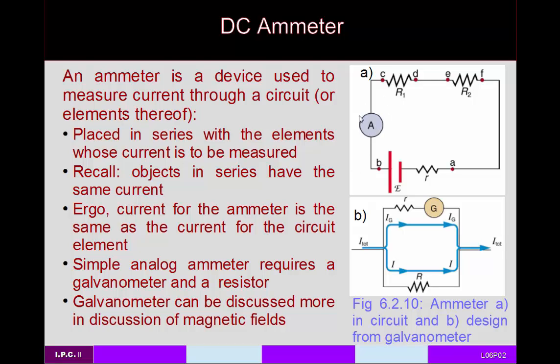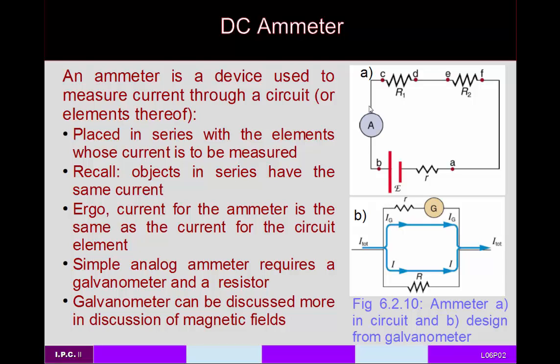So the ammeter is going to have the same current reading as the current that actually flows through each of these resistors in turn. And once again, you can figure out how the ammeter should be set up. You basically want to use, again, a galvanometer.